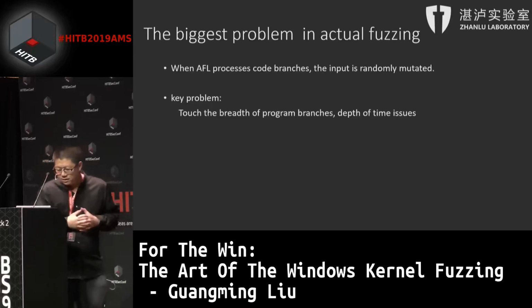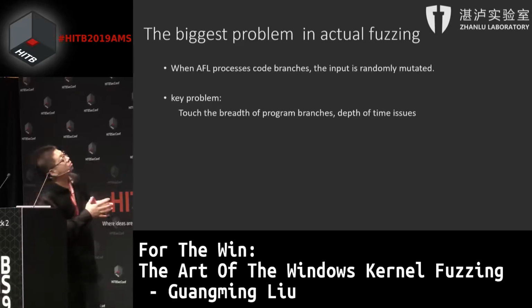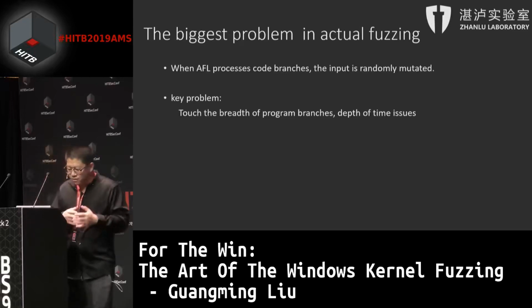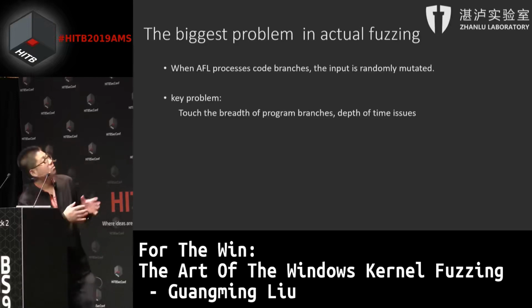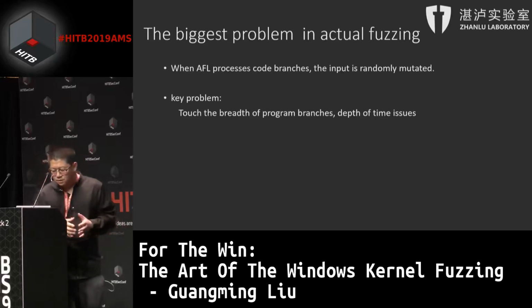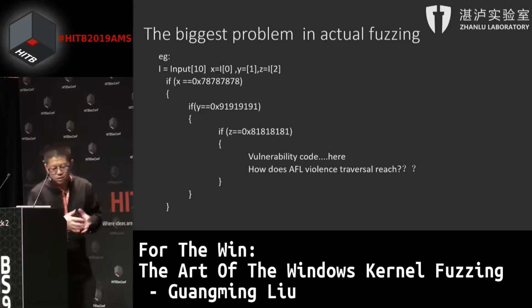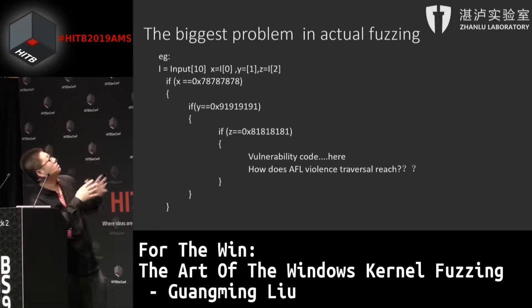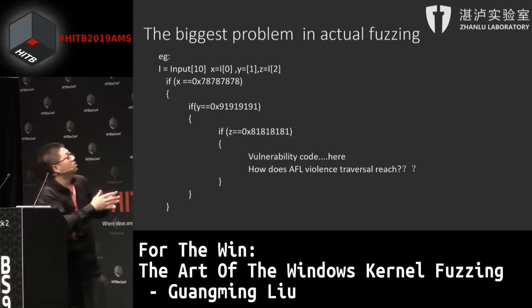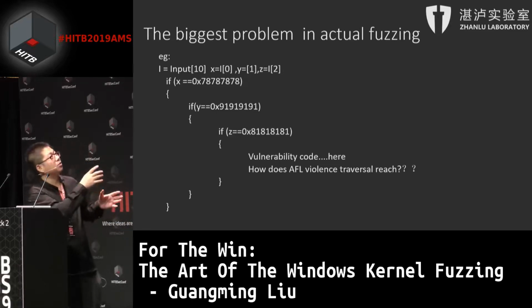So the biggest problem in actual fuzzing is that when you process the code branches, the input is randomly mutated. If you randomly mutate an integer as input, you will not reach the target vulnerability code.